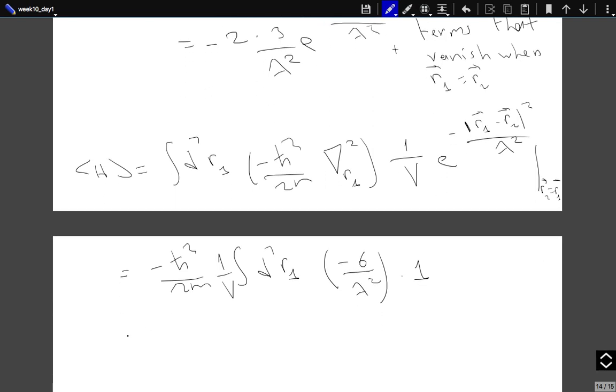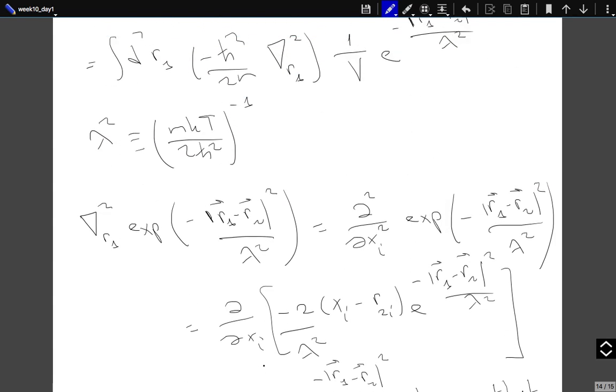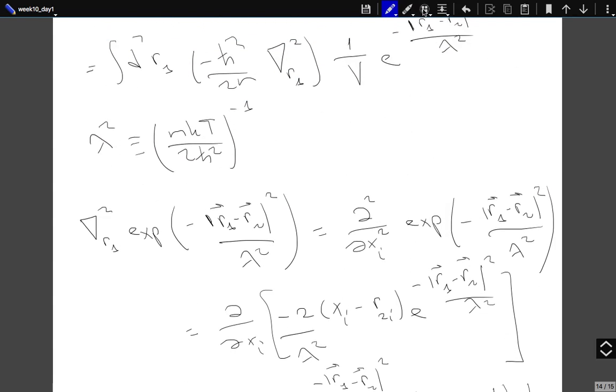The minus signs cancel, and the volume integral just gives me V, which cancels the V over there, so I have 3 h bar squared over m lambda squared. Now, 1 over lambda squared is just this factor over here.